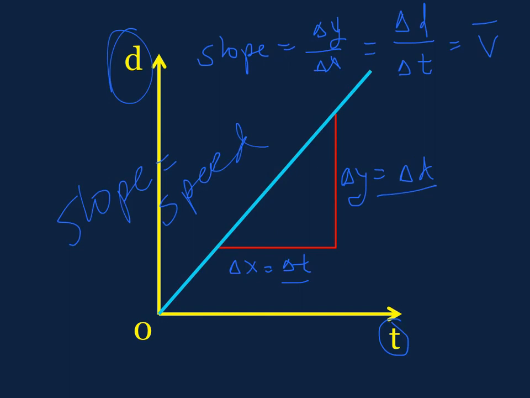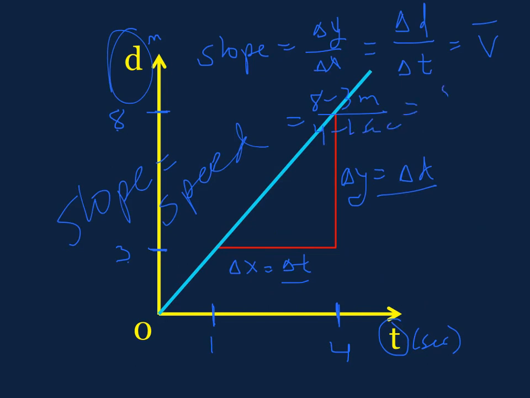Now understand, you could actually calculate the speed from this graph. For instance, if this value here was 3 and this value up here was 8, these would be in meters, let's say, and this value down here was 4 and this value right here was 1, and this would be in seconds, then to get the slope, I do the change in y, which would be 8 minus 3 meters, divided by the change in x, which would be the 4 minus 1 second.